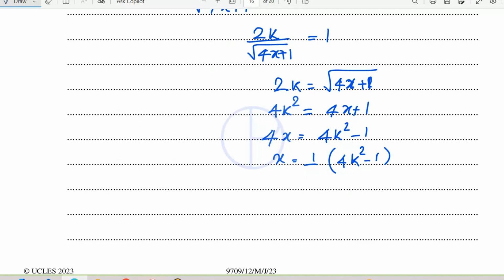We can write x equal to k square minus 1 over 4. This is the x coordinate of the stationary point.